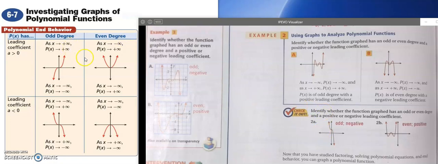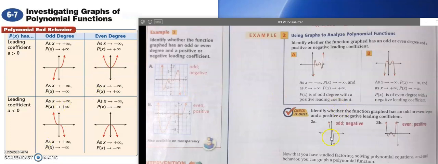So if I look over here, it could be one of these here. Nope, let's see. As x approaches negative infinity, y increases. So this one, or here, as x decreases, y increases. So I'm looking between these two here.